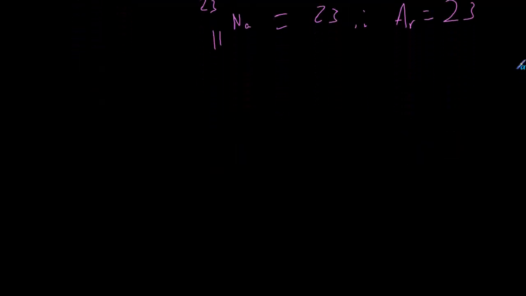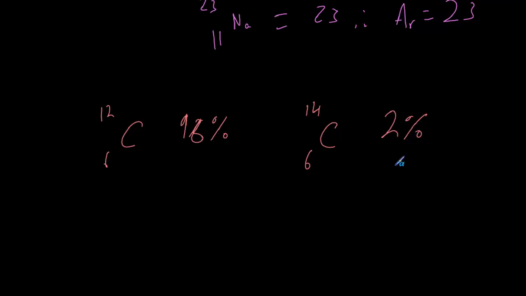Don't worry if this seems a bit alien, but you'll get it after doing a few examples. If I have a sample, okay, and I have carbon 12, and I've also got carbon 14, okay? If I have 98% of my carbon, 98% is carbon 12, and therefore 2% is carbon 14, I can calculate the relative atomic mass of this sample of carbon.